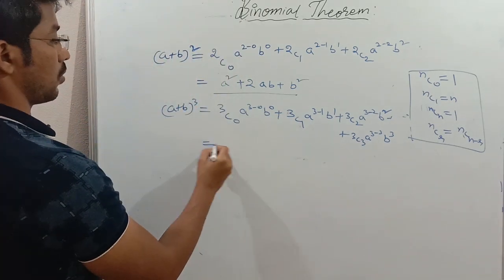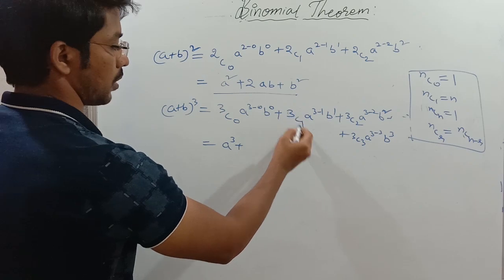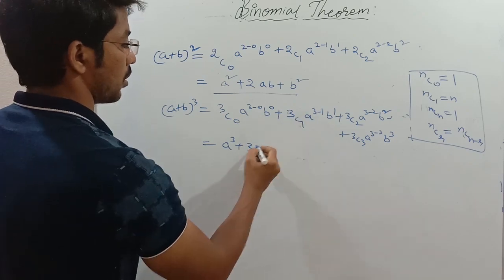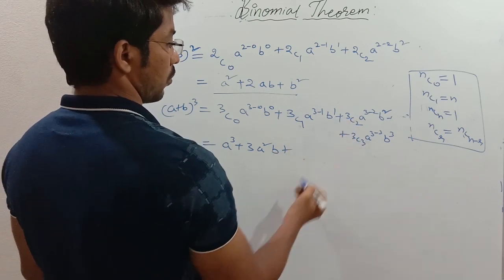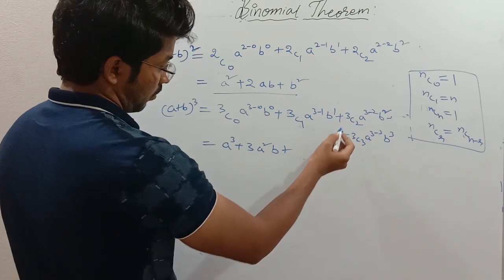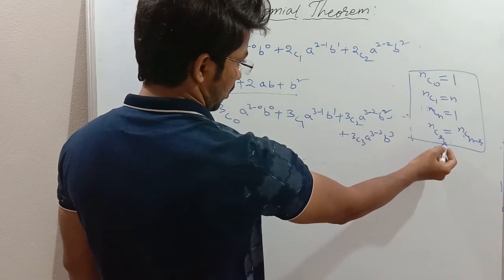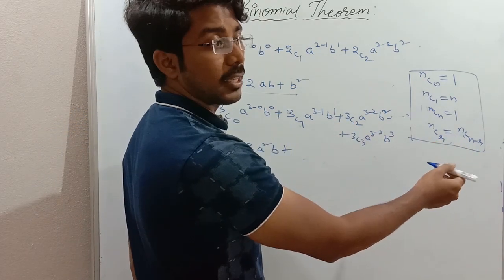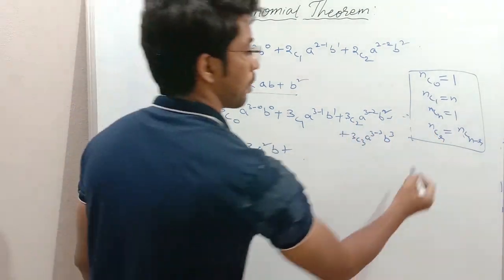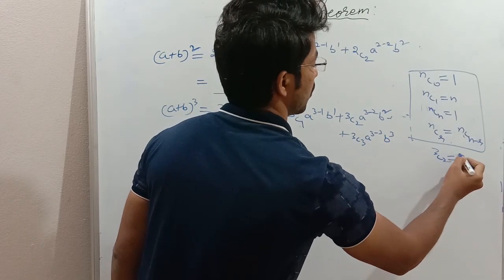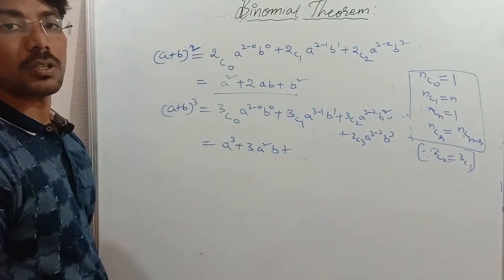So now 3C0 is 1, a cube, b^0 is 1. 3C1 is 3, a square b. Next, 3C2 value is nothing but 3C1, as per the formula nCr is equal to nC(n-r), so 3C2 is equal to 3C1.